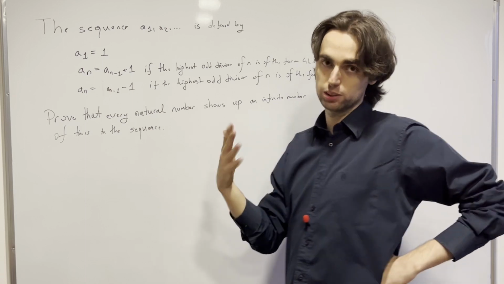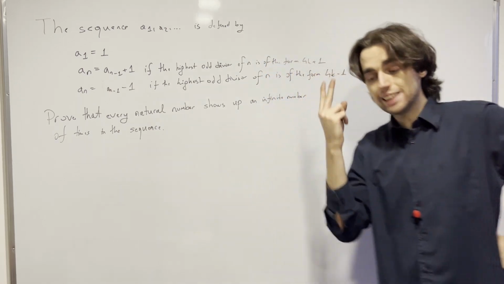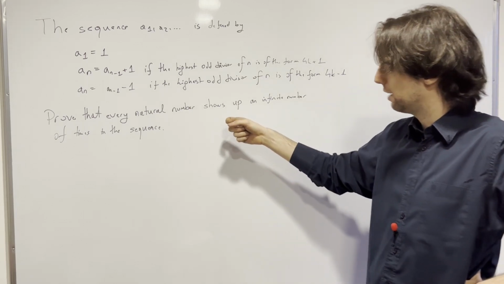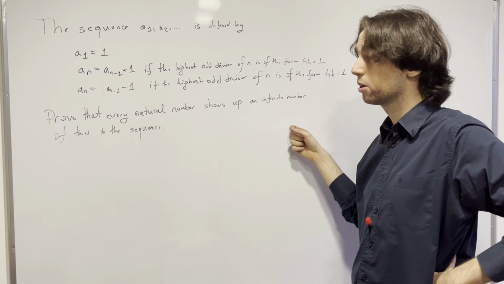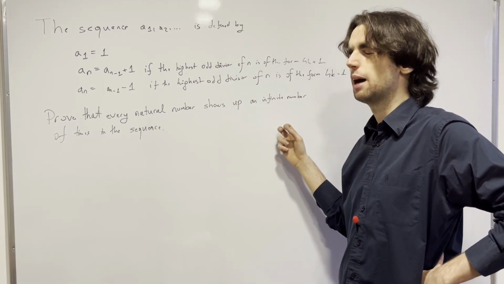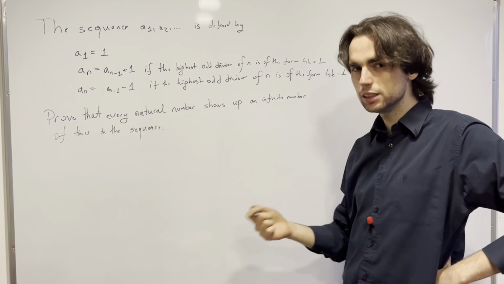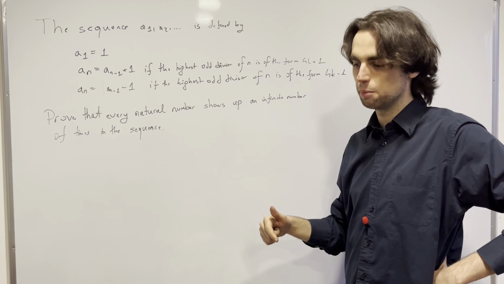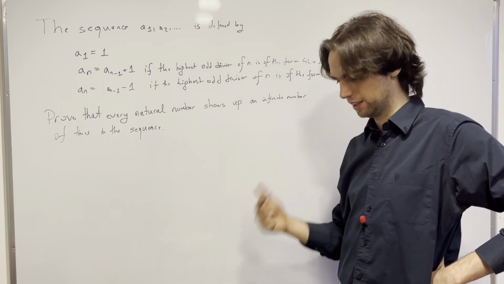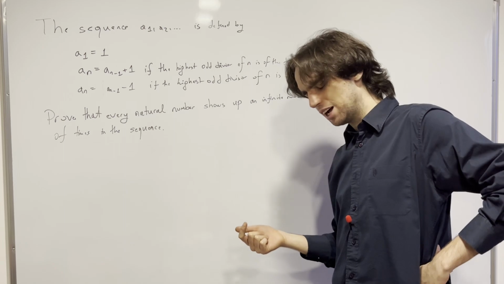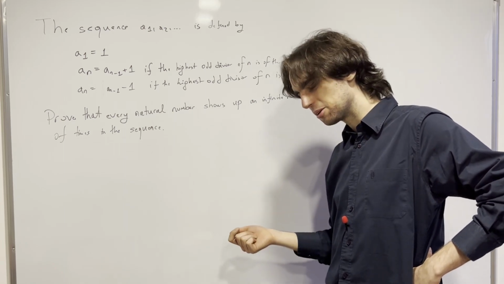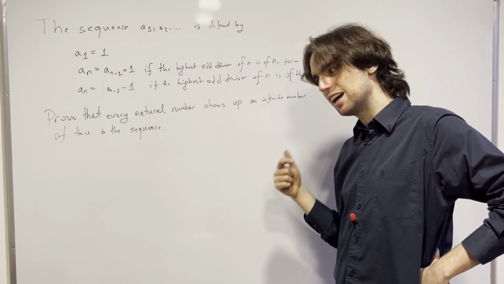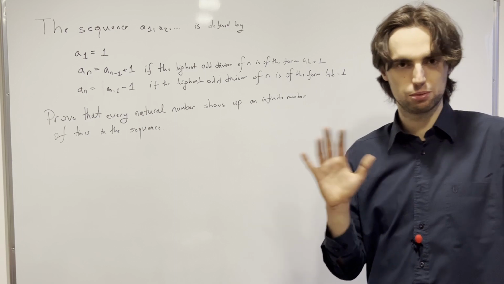The second is that every natural number shows up at least once. If 1 shows up an infinite number of times, and every natural number shows up at least once, I think that means every natural number shows up an infinite number of times.